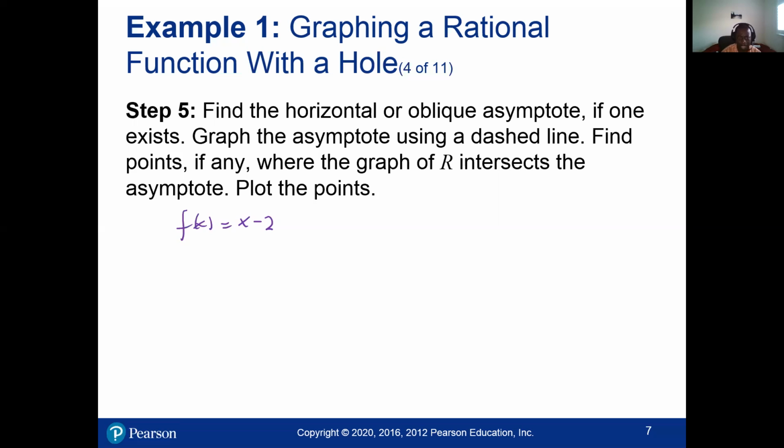Any horizontal asymptote? Well, it has no horizontal asymptote, it's just a line. This one has no horizontal or oblique asymptote.